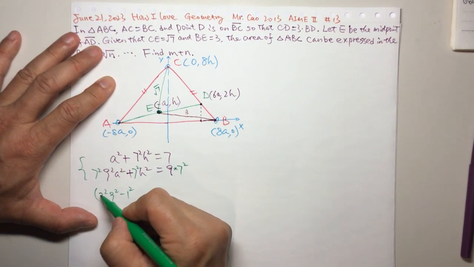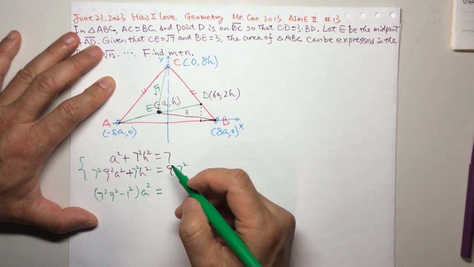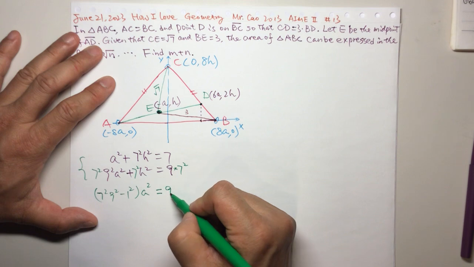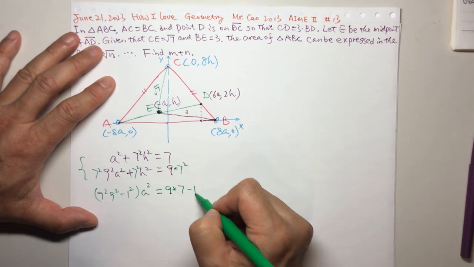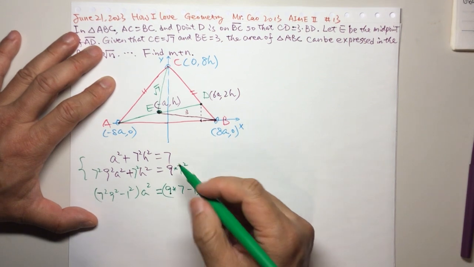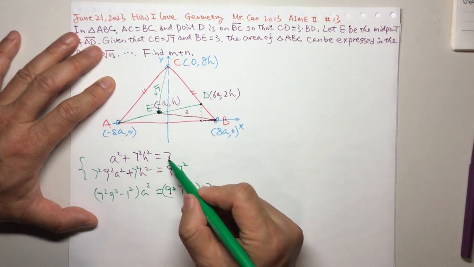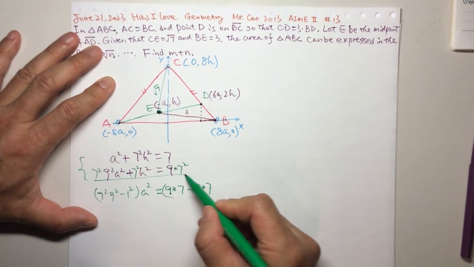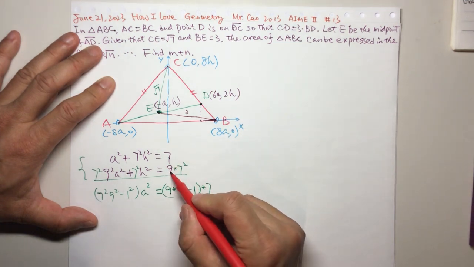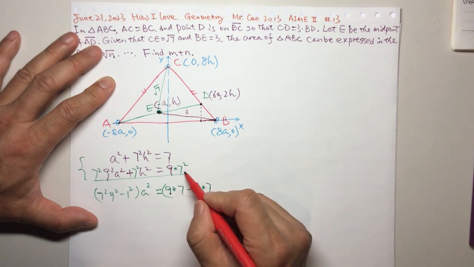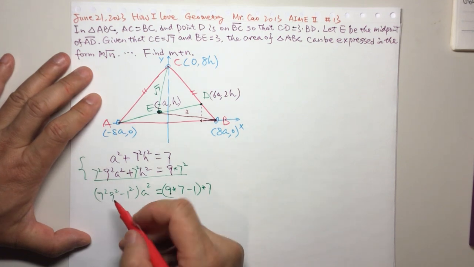Here, that's a squared, and equals 9 times 7 minus 1, then times 7. I just factored out 7. So 7 times this one, that's for that. I use this equation minus the top equation. So here, 9 times 7, then times 7, that's this one. Okay, it's easy. I don't want to waste our time explaining this one.